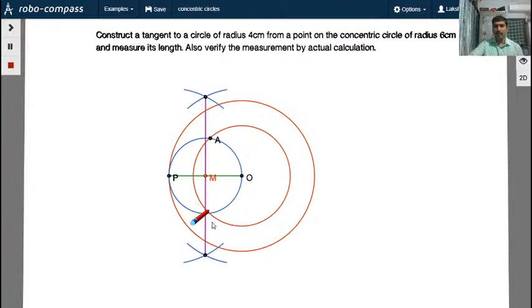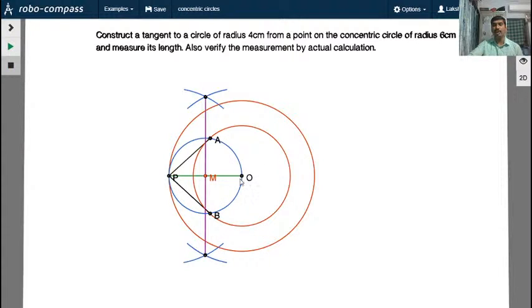Now by making use of the ruler, let us join P to A, and in the same way let us join P to B also. Now these are the two required tangents.